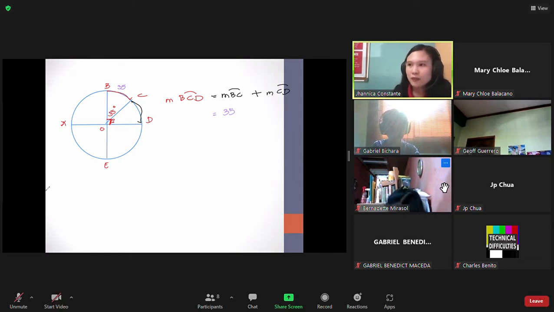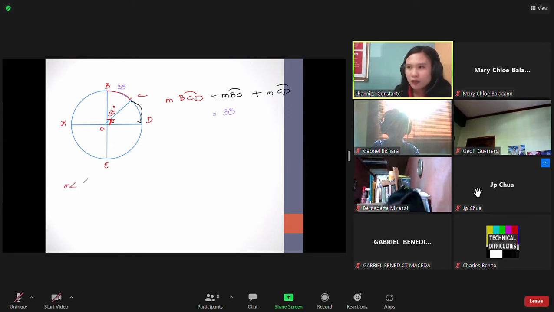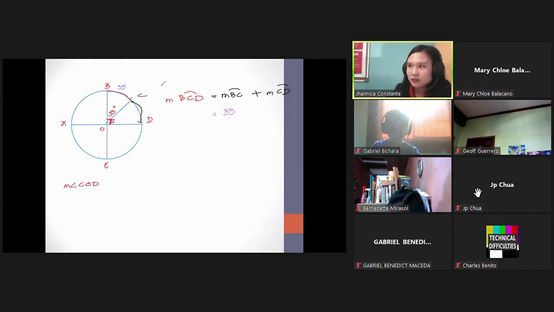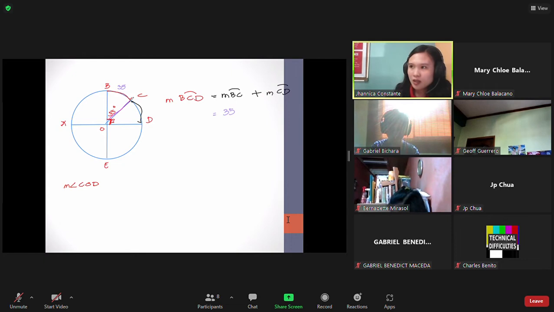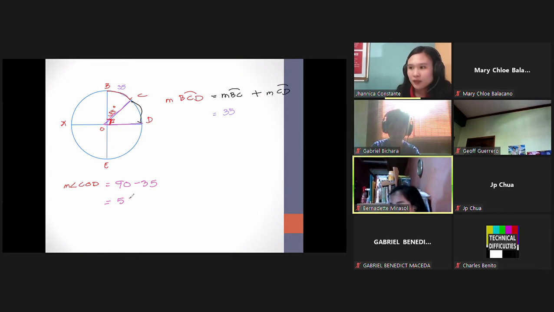So we can find the measurement of angle COD by subtracting 35 degrees from 90. So 90 minus 35 degrees is equal to 55 degrees.